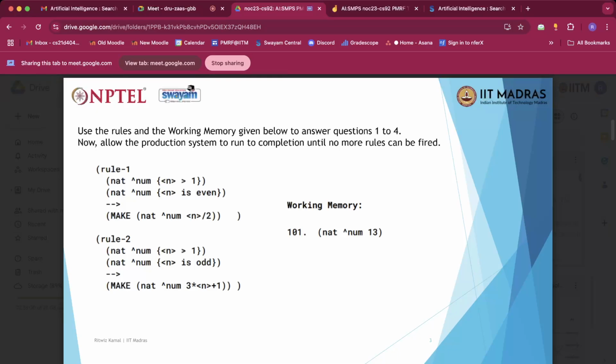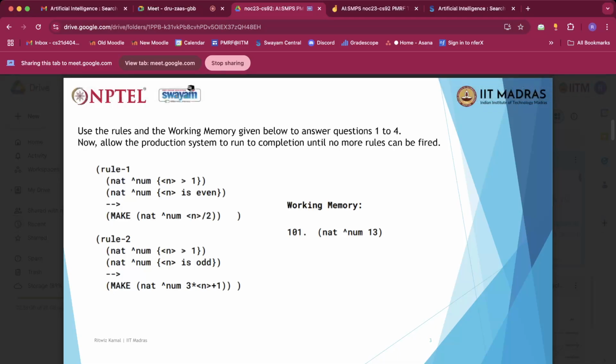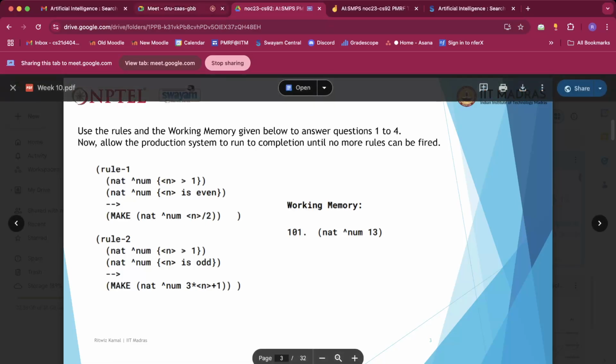Similarly rule 2 says that if we have a number n which is greater than 1 and n is odd, we will add a new element to the working memory which will have the value 3 times the number plus 1. So it's a simple production system with simple rules, and we are starting with a working memory element holding a number with value equal to 13.